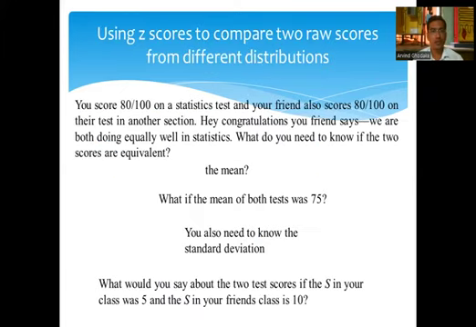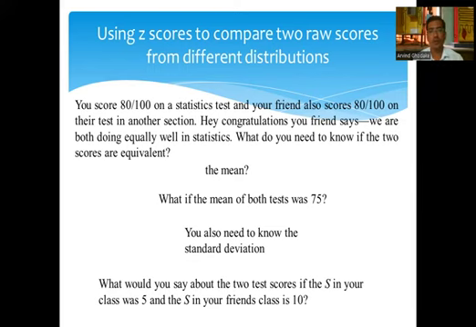Using Z scores to compare two raw scores from different distributions: you score 80 out of 100 on a statistics test, and your friend also scores 80 out of 100 on their test in another section. Congratulations, your friend says we are both doing equally well in statistics.